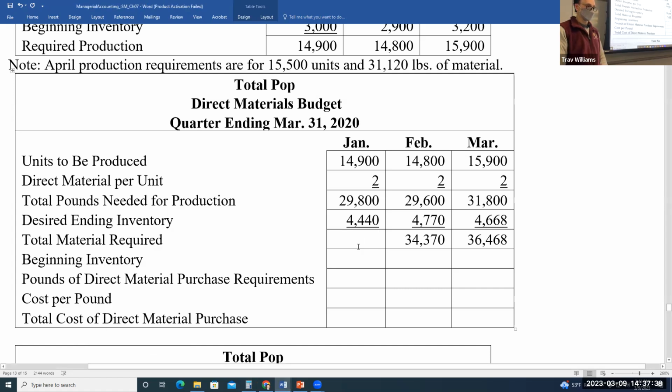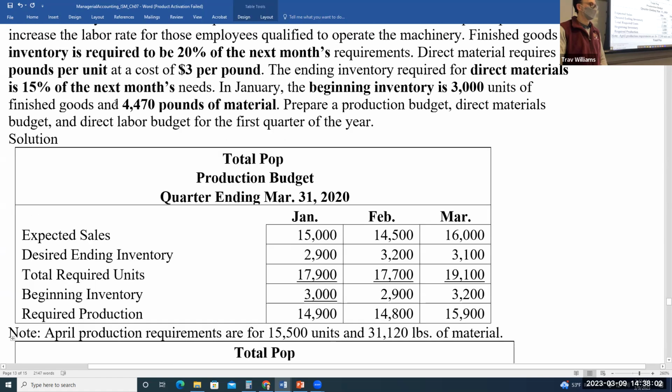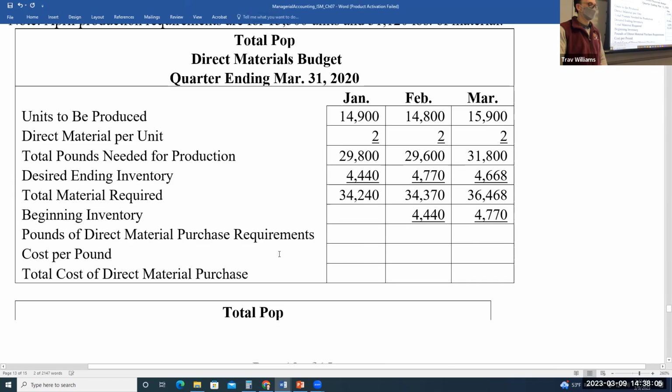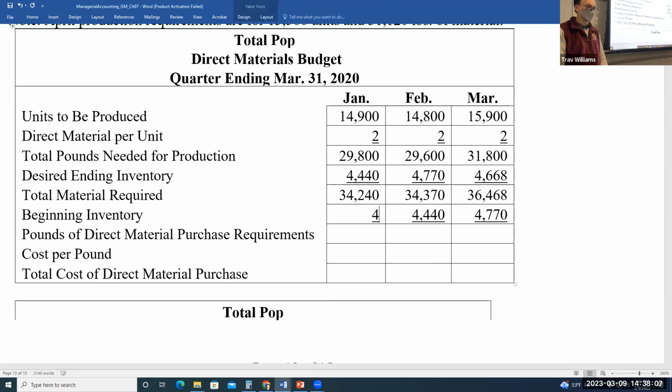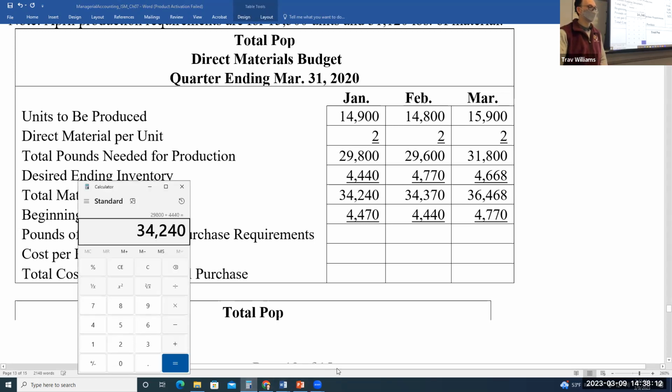Okay. 40. All right, so March's beginning inventory is February's ending, right? February's beginning is January's ending. January's beginning, they told us up here is 4,470, so we don't have to figure that one out. We'll just put that number in. And then we can subtract the beginning inventory, right?